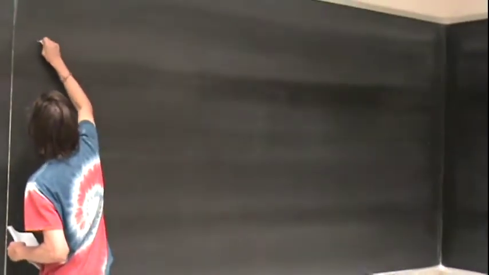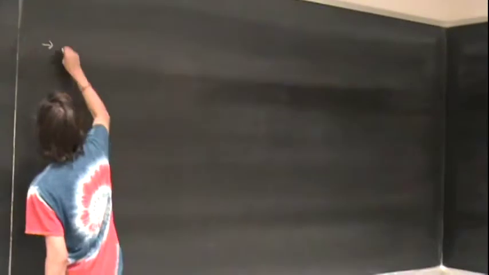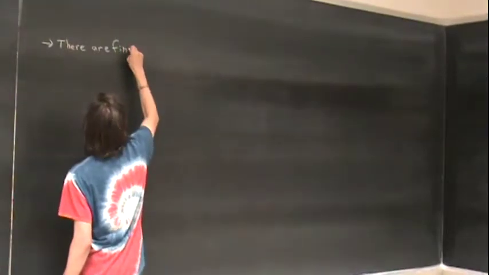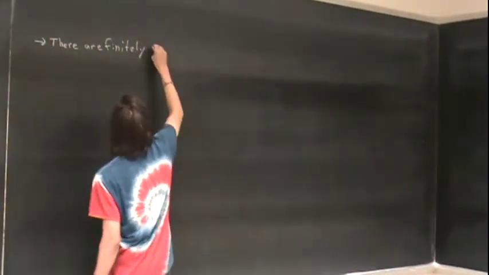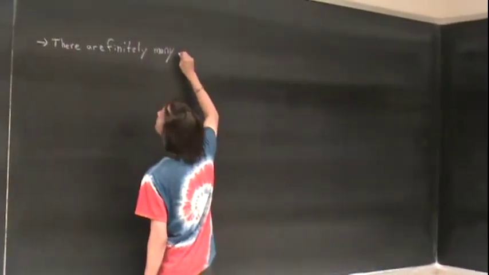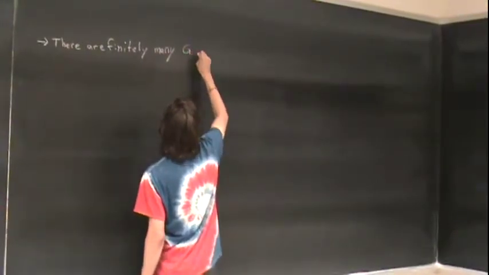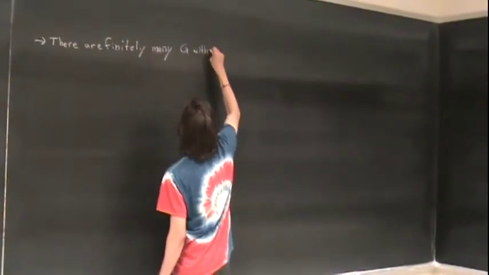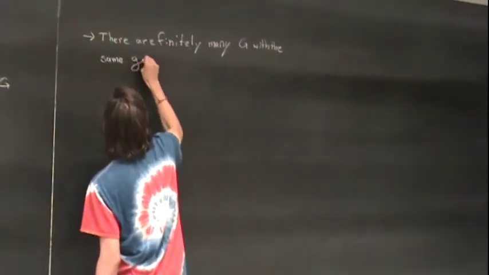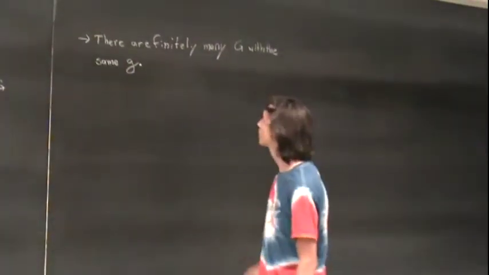Now here's the real power behind this. This is kind of a remark or a statement that I will just state with authority: there are finitely many Lie groups G with the same little g, right?